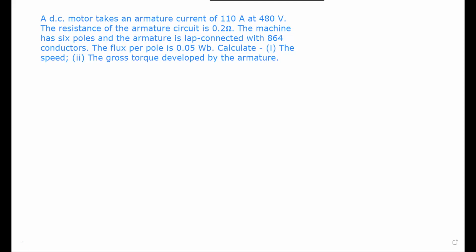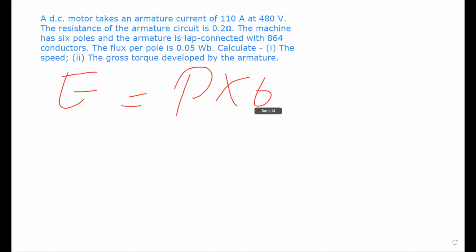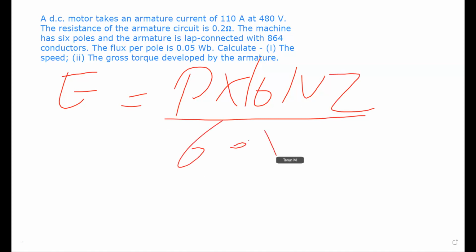So can we calculate N now? What will be the value of N? E equals P into phi into N into Z divided by 60A. Please calculate N now.